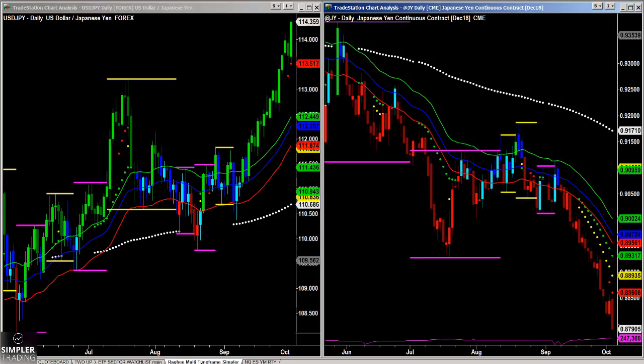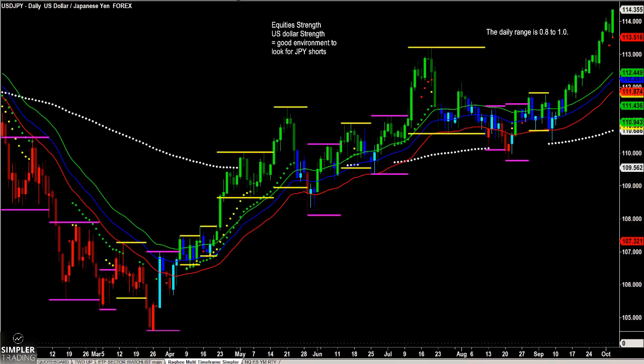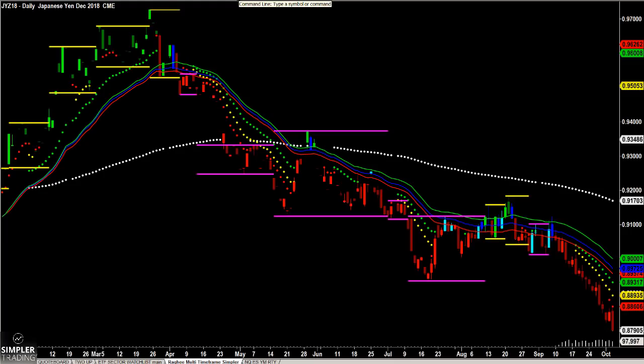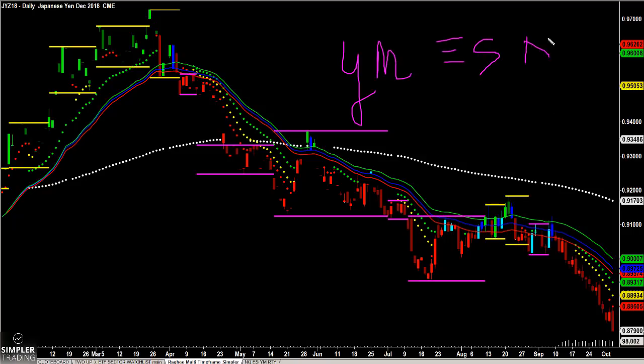So the next question I get most is, okay, Rag, I want to get in on that ride. We'll use the yen futures here in this example. How do I get in? And why do I want to short the yen? Well, as long as the equities markets are up, as long as we're seeing the strong Dow, as long as we're seeing the strong S&P, as long as even the Nikkei, don't underestimate the importance of the Nikkei.